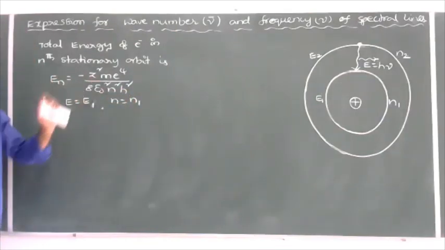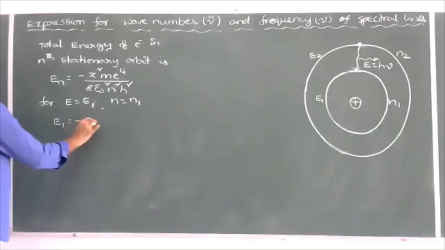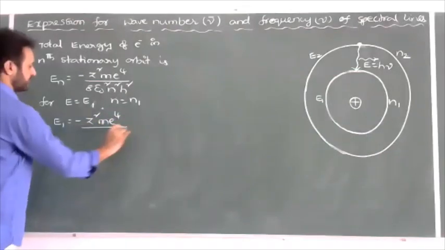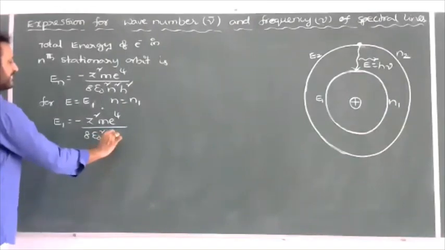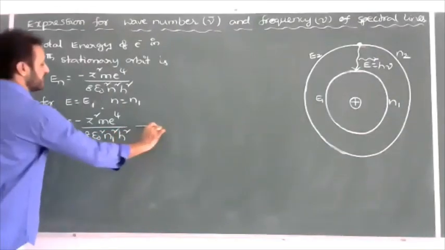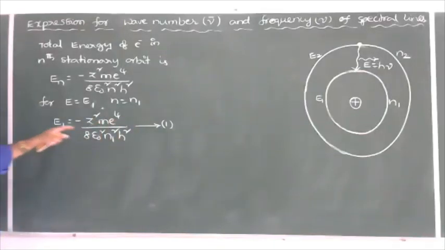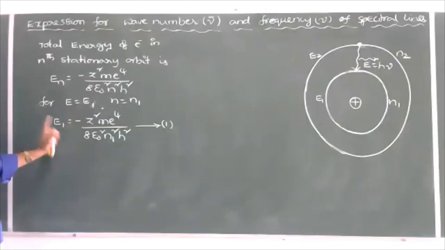So just modify the above formula. Therefore, E1 is equal to minus Z square into m e power of 4 by 8 epsilon naught square into n1 square into h square. Equation 1. Observe carefully, only two letters I modified. In place of n I have written n1, and in place of E I have written E1.